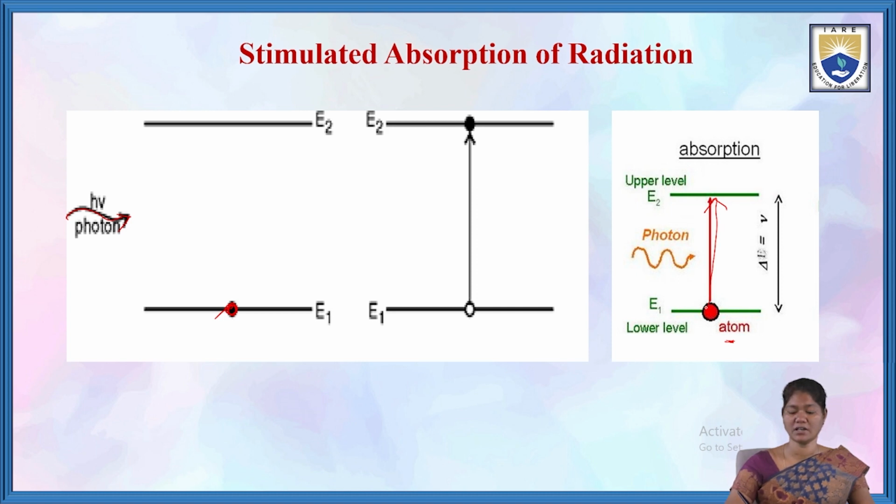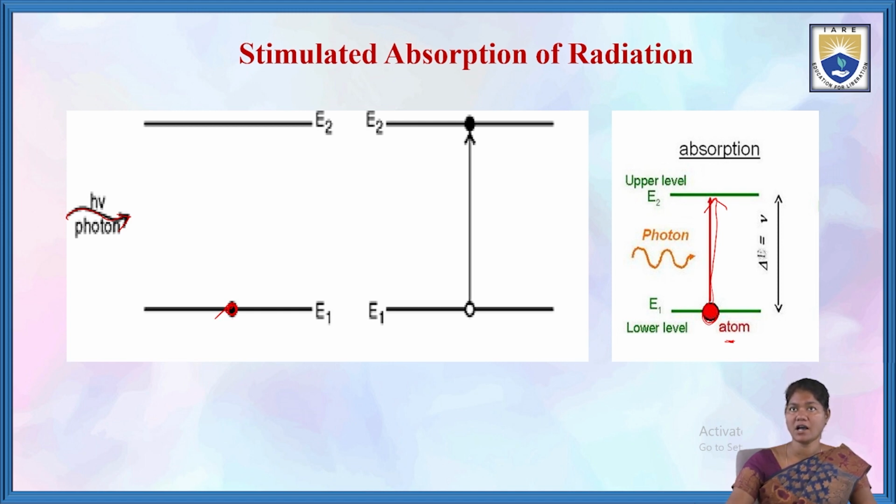So here this atom which is at the lower energy level absorbs some incident radiation so that it is stimulated and transits to the higher energy state. So that's why it is stimulated absorption of radiation.